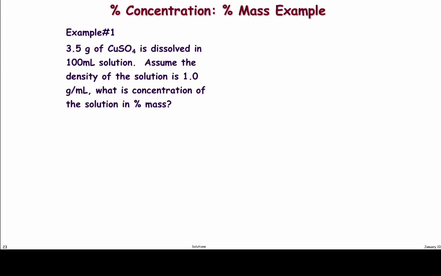And so the way to answer this question is you just take 3.5 grams of copper sulfate divided by 100 grams of solution times 100. And what you have is 3.5% mass per mass, because it's the mass of the solute over the mass of the solution. And don't forget to multiply by 100.